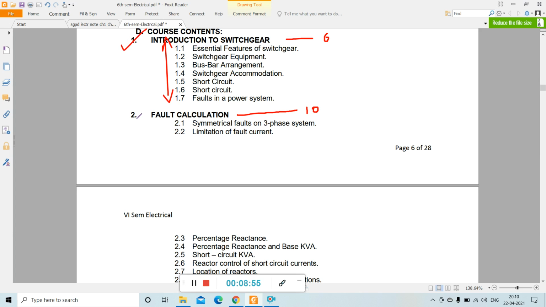From module 2 we will study fault calculation.